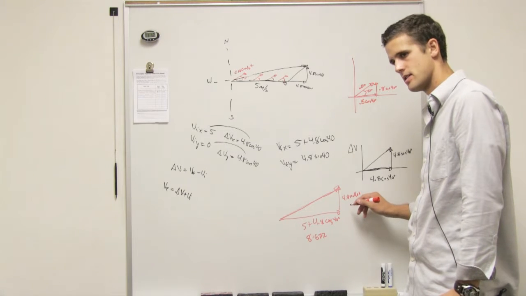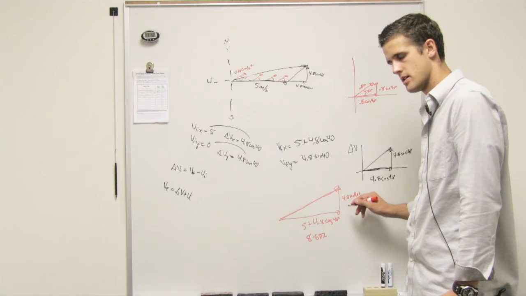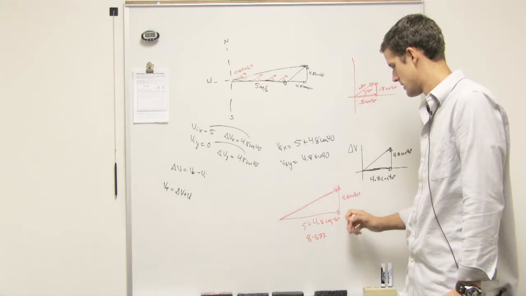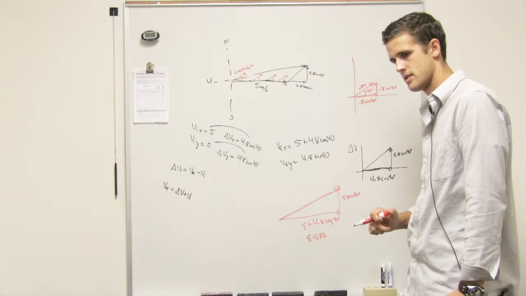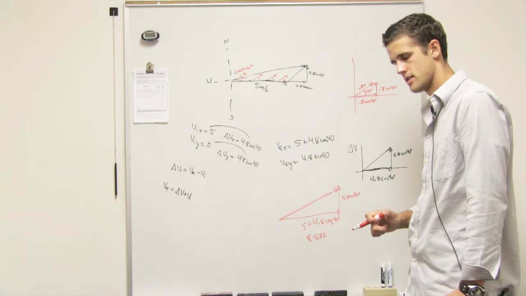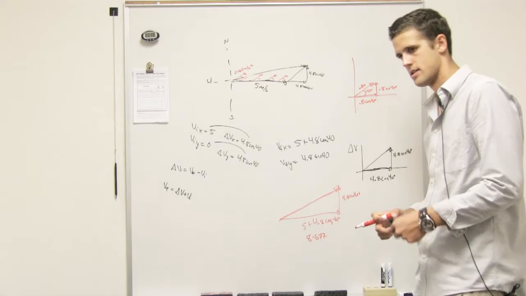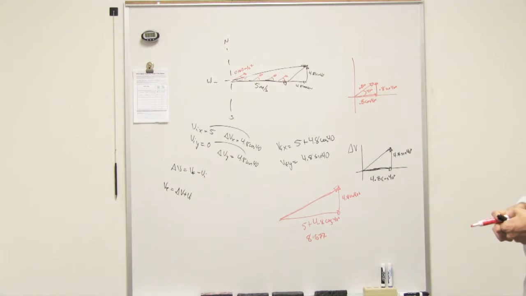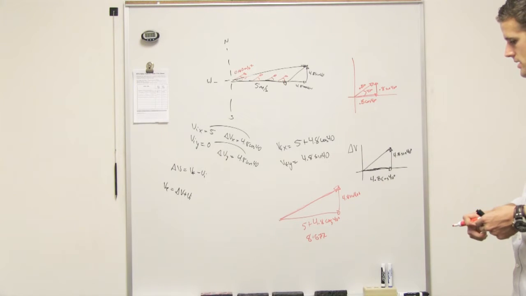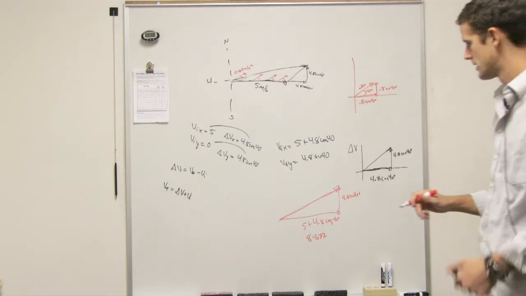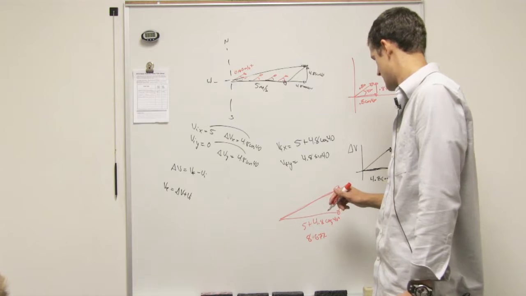So C, and then you take a square root of C, right? So C, or the hypotenuse, is going to be 3.4327.